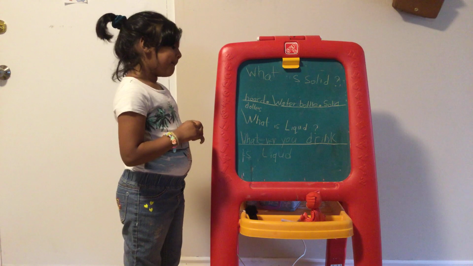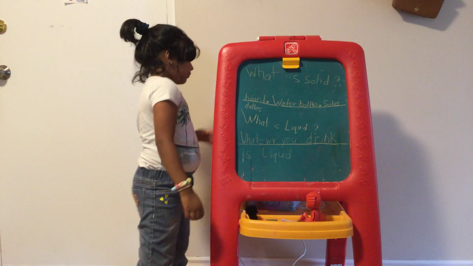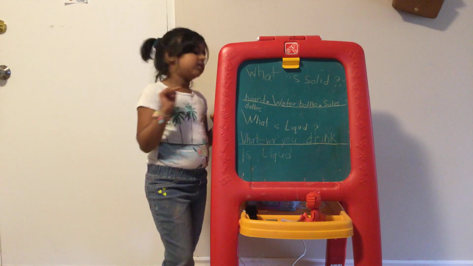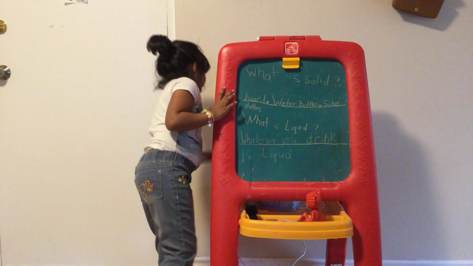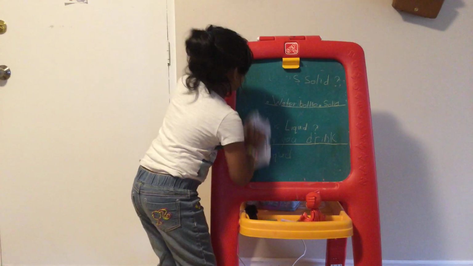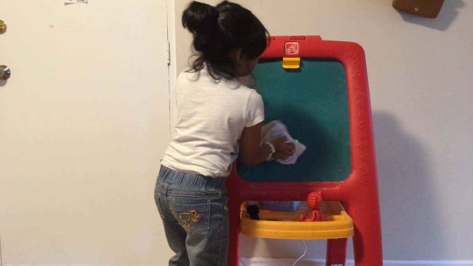So, this board is too full. Let's erase it with a eraser. But wait, where is the eraser? I don't see it. There it is. So we need some space for writing what is gas.